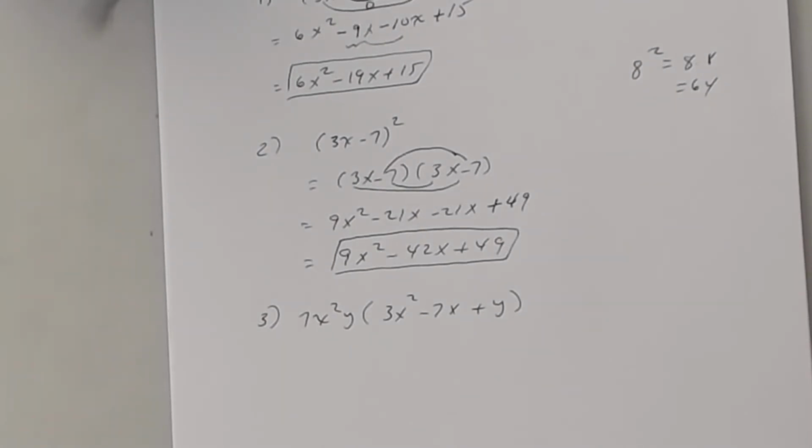So 7x squared y times 3x squared minus 7x plus y. So you can use the FOIL method here? No, because you're not multiplying two binomials. You're actually multiplying a monomial by a trinomial.